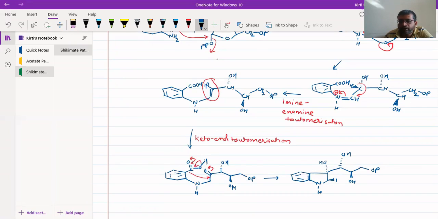Here we have an H and H. Now it undergoes dehydration or aromatization reaction.